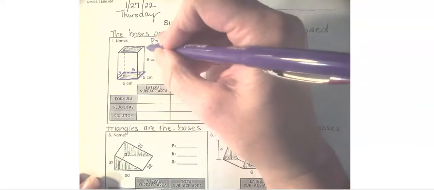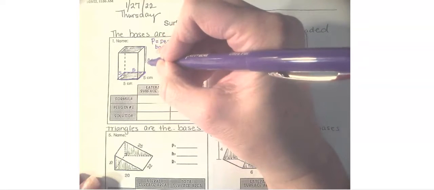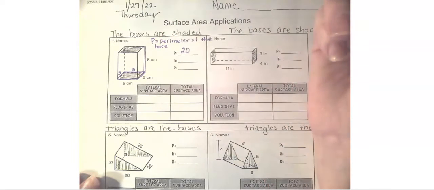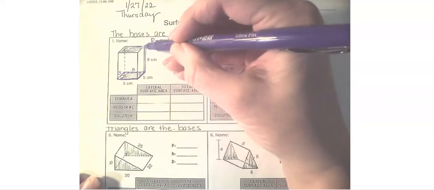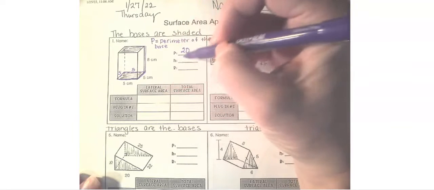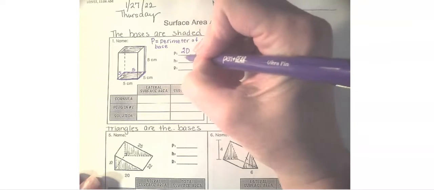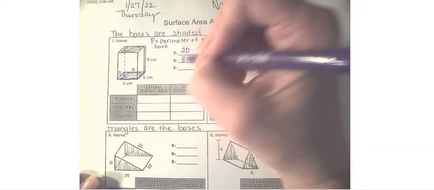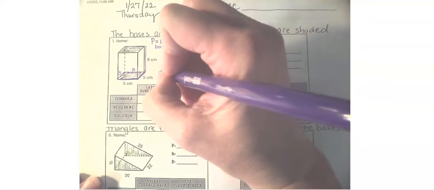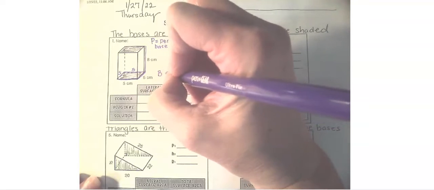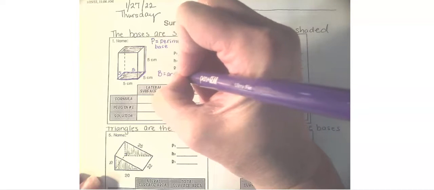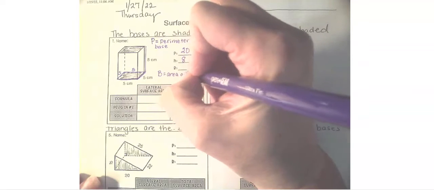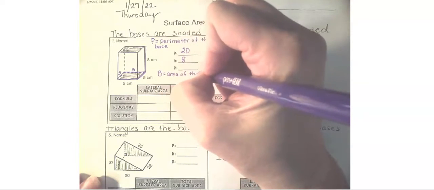H, that stands for the height of the prism, or in other words, the distance in between the 2 bases. The H for this problem is 8. Height. Capital B, or big B. Okay, well, we already talked about that. That stands for area of the base.